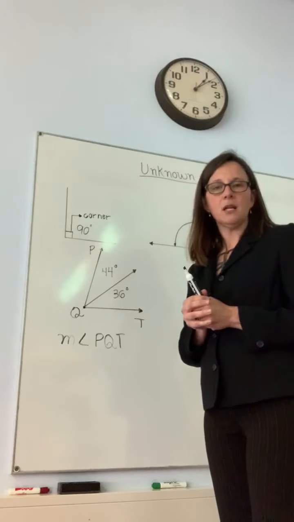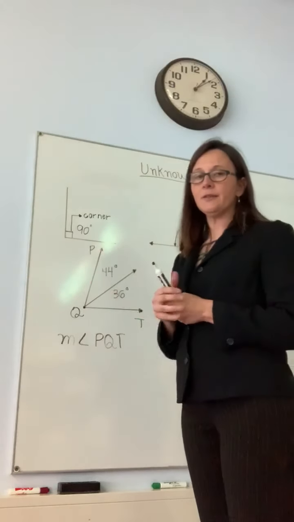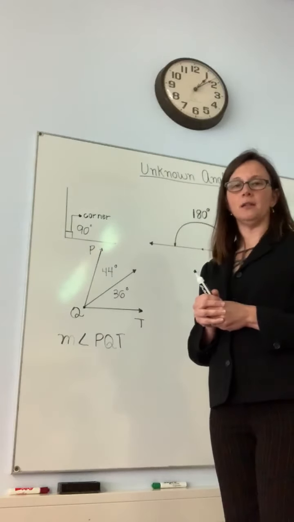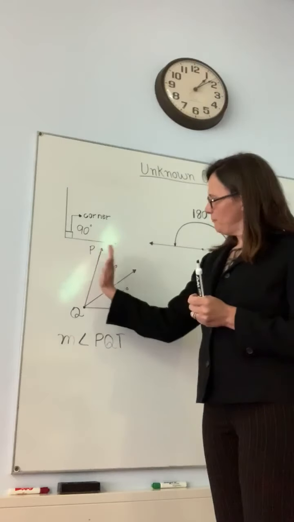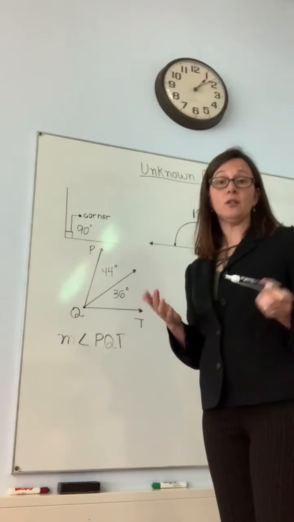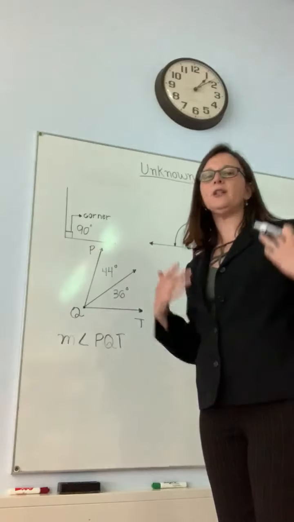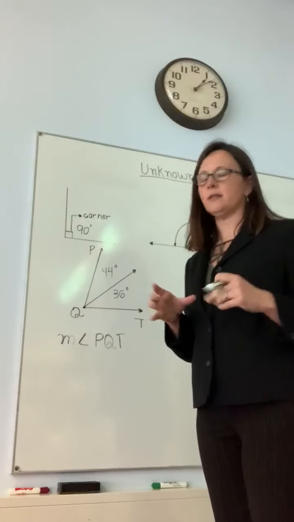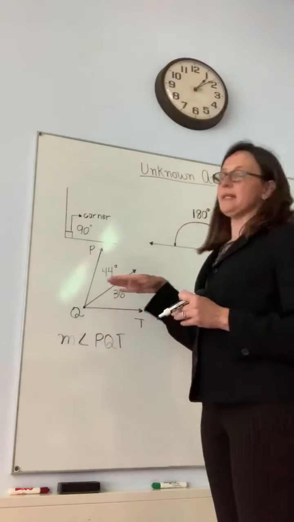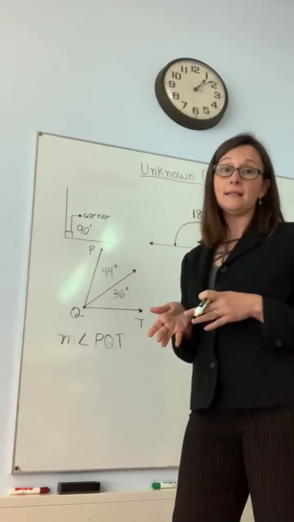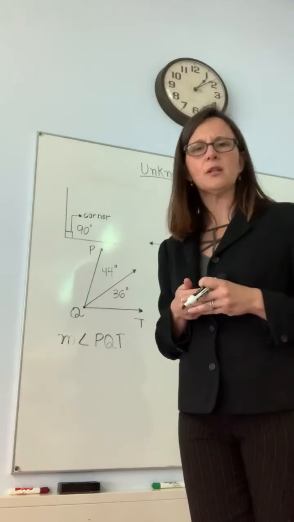Not really. But is it bigger than a 90-degree angle? No, it's smaller. And it's very close to being a 90-degree angle. So when you start looking at angles like this, you know that this angle has to be less than 90, but kind of close to 90.